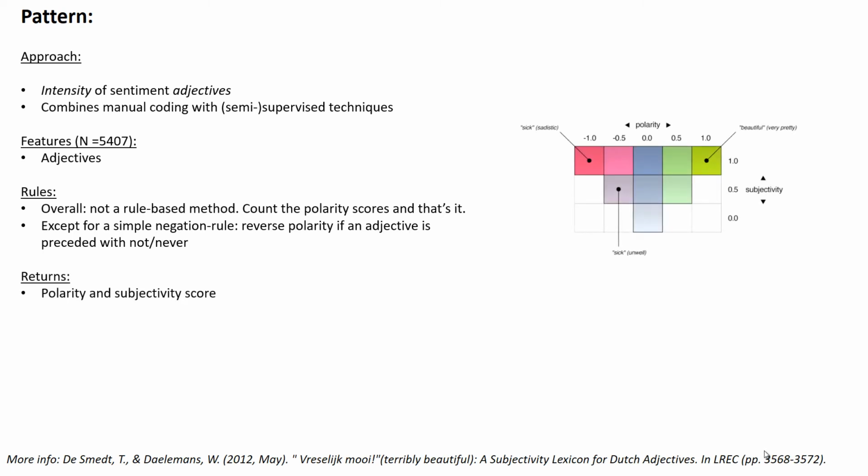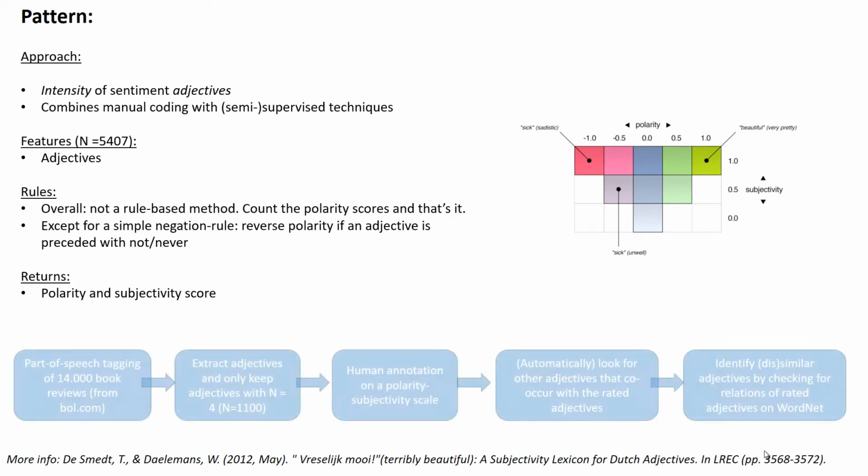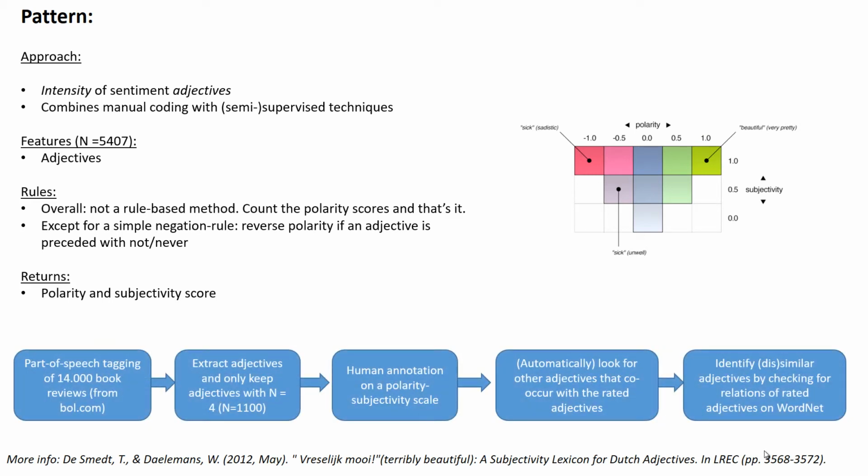It returns 2 scores, a polarity score and a subjectivity score. So the polarity score is just a sentiment, -1 very negative, 1 very positive, and a subjectivity score gives you an idea whether a certain text contains facts or opinions. And this is basically what I already told you.